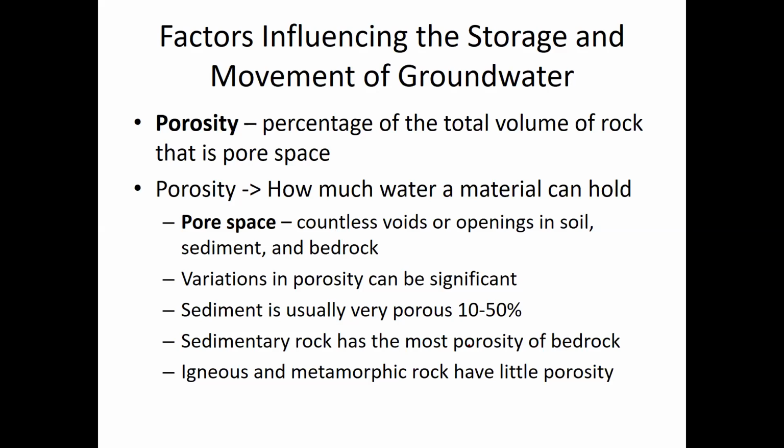They're crystalline rock where the crystals are intergrown, so there's no real pore space. So as far as porosity goes, unconsolidated sediment is the most porous. Then there's sedimentary rock, which is not as porous as unconsolidated sediment, but it's the most porous type of bedrock. And then you have igneous and metamorphic rock, which have very little porosity.